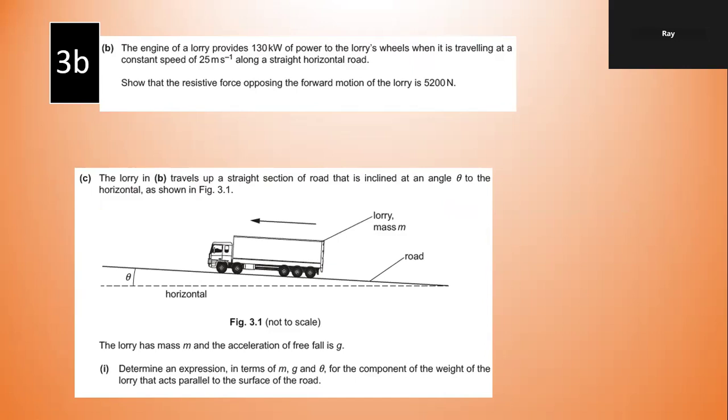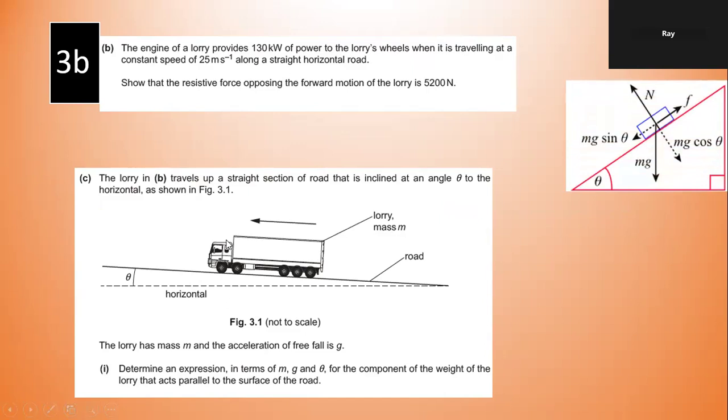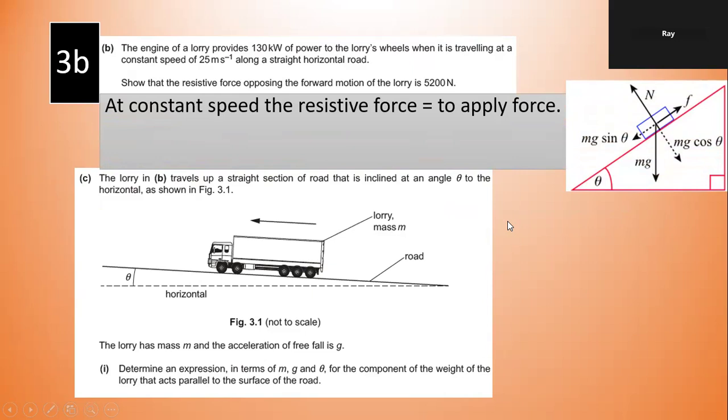An engine of a lorry provides 130 kilowatt of power to the lorry's wheel when it is traveling at a speed of 25 meter per second along a straight horizontal road. Show that the resistive force is 5,200 N. I use the formula that we got just now, P equals F v.